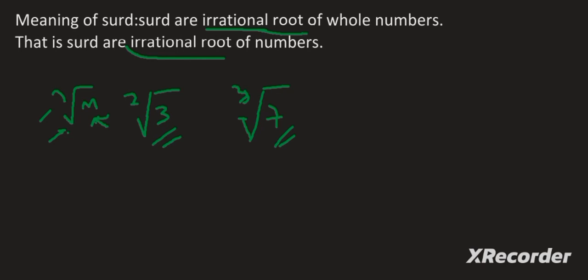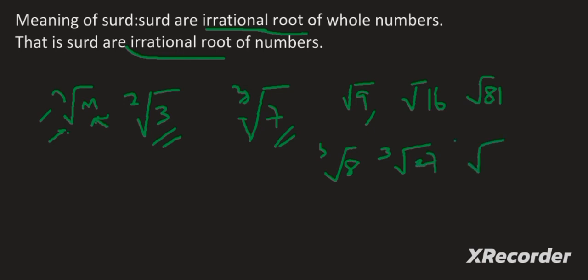Also note, not all roots are surds. If you take the root of a number and you get a rational value, that root is not a surd. For example, the square roots of 9, 16, 81, or the cube roots of 8 and 27, are not surds, because they give a rational value.